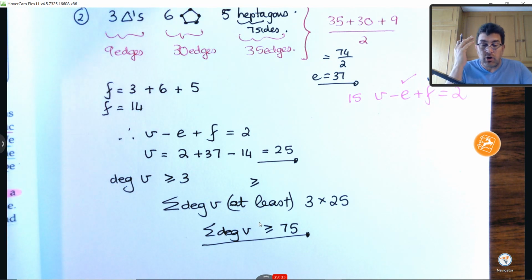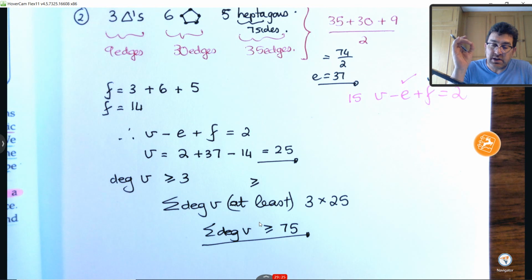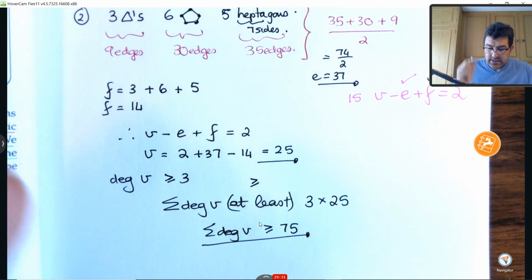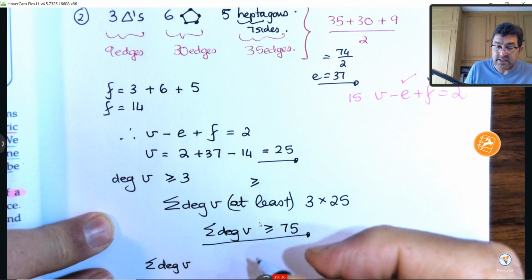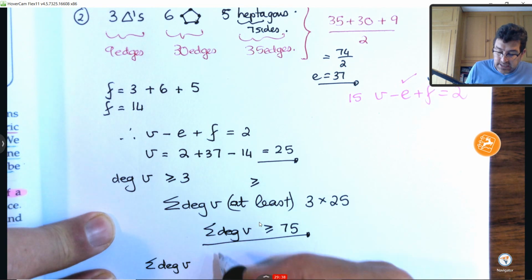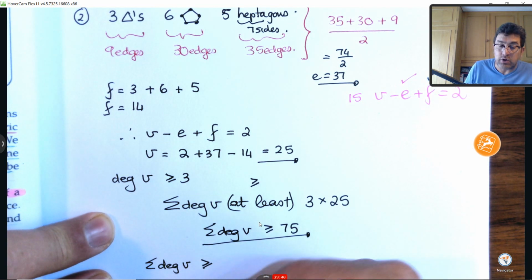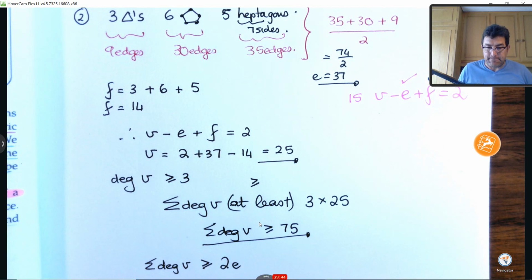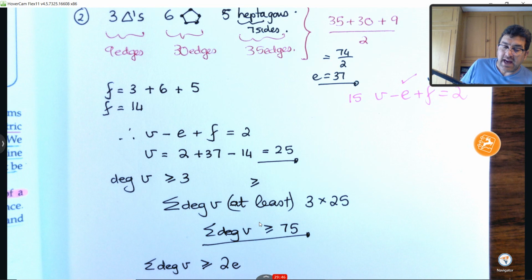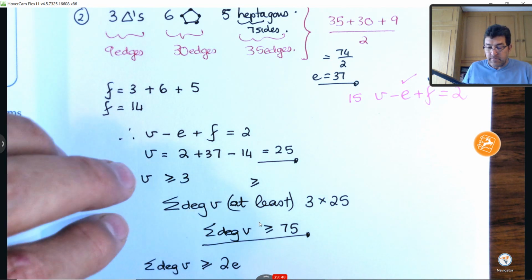So we've got all that information here. Okay, so now our argument. The sum of the degrees must be at least twice the number of the edges. The sum of the degrees of the vertices must be bigger and equal to twice the number of edges that we have in our figure.